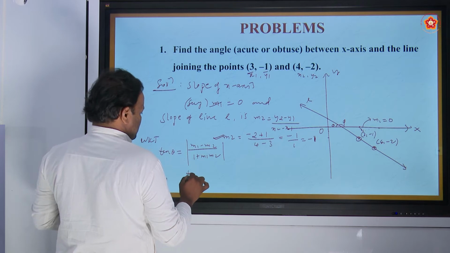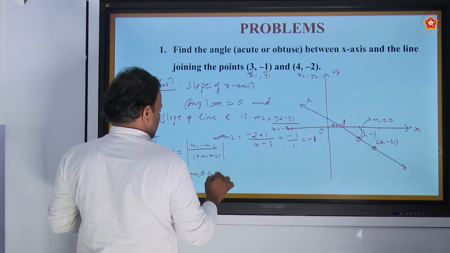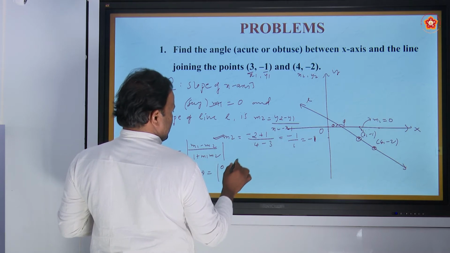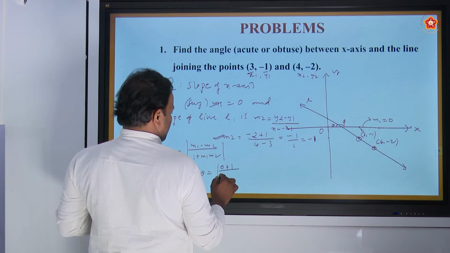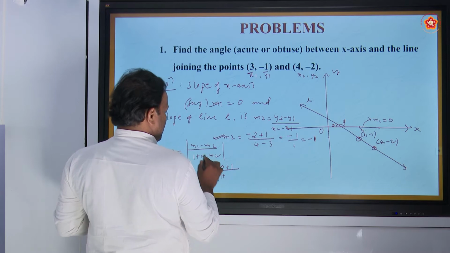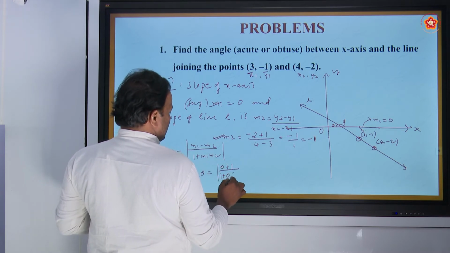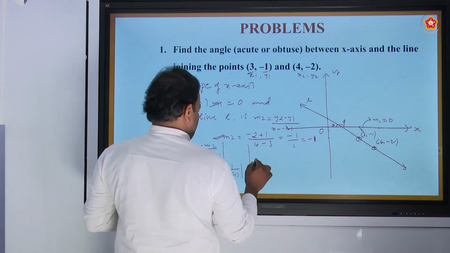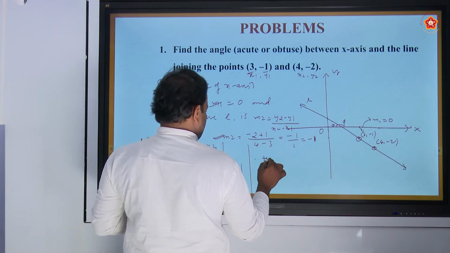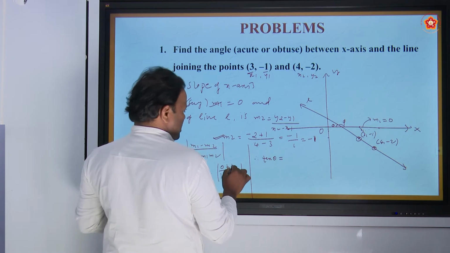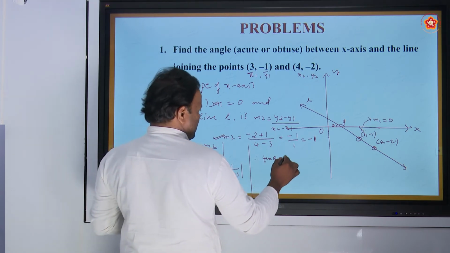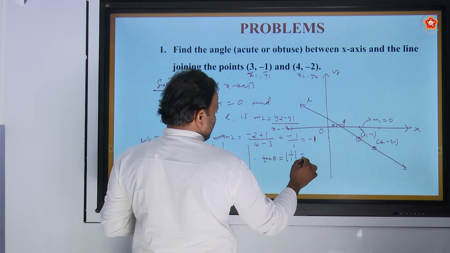Substituting values, tan theta is equal to the mod of (0 minus minus 1) divided by (1 plus 0 into minus 1). So 0 plus 1 is 1, 0 into minus 1 is 0, and 1 plus 0 is 1. Therefore, tan theta is 1 by 1, which is 1.